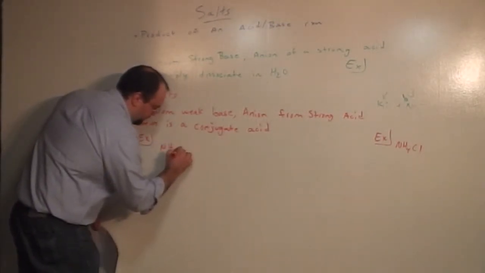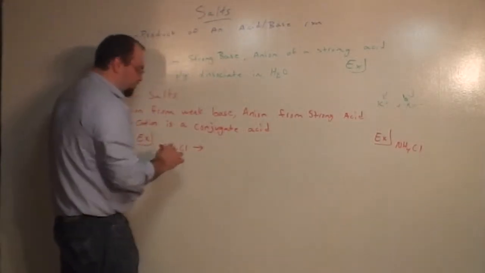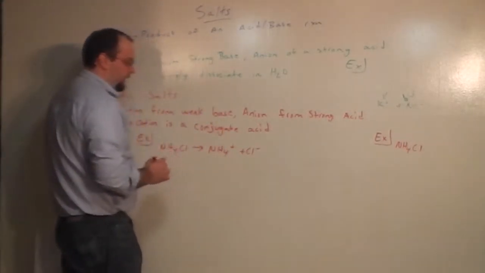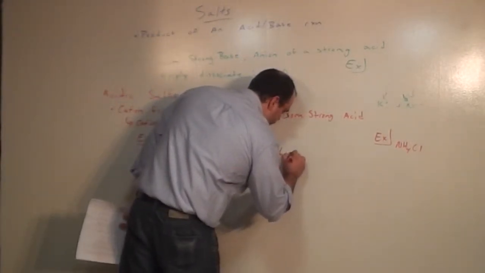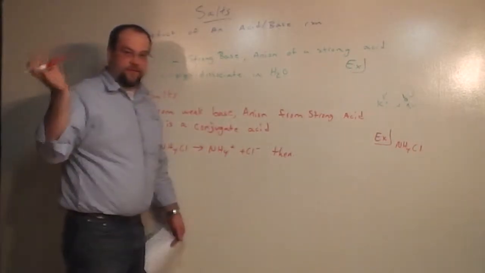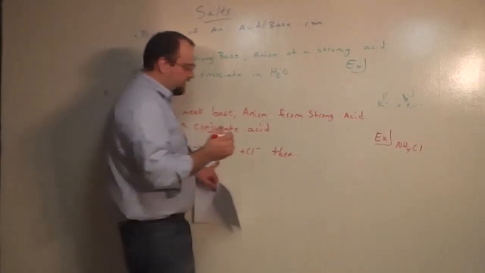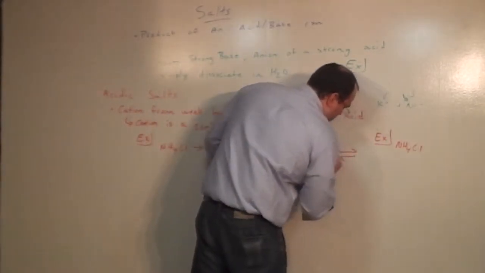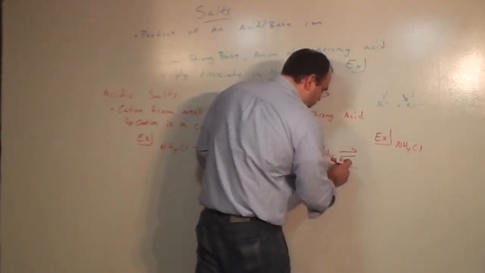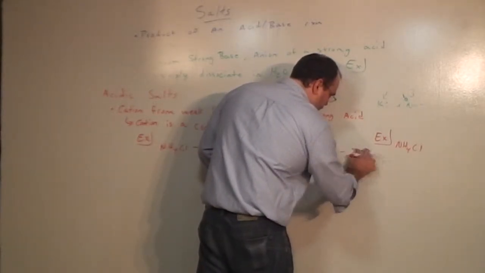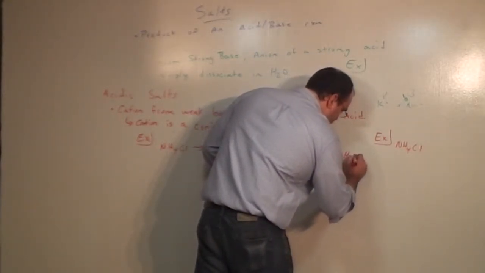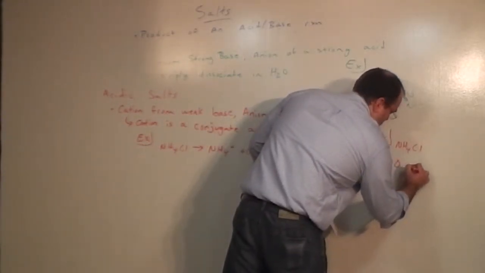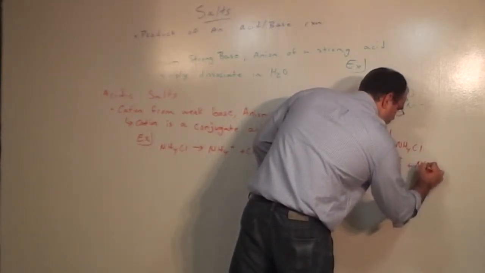So what that's going to look like, I have NH4Cl. That's going to dissociate in water to form NH4+ and Cl-. Okay, and then the Cl is just going to float off. It's a spectator ion, doesn't really do anything. But the NH4+ is a conjugate acid, so that's going to form an equilibrium with my water to give me a hydronium and an NH3.